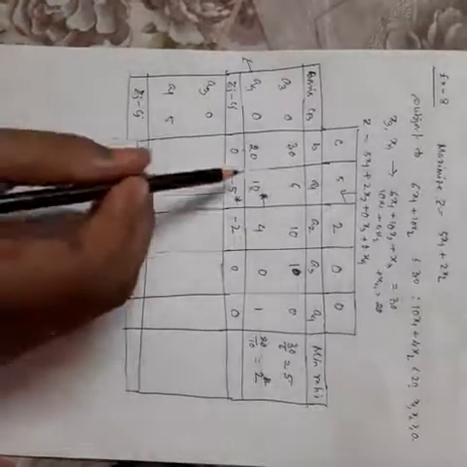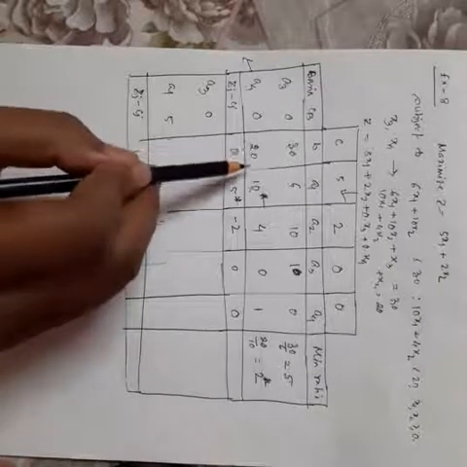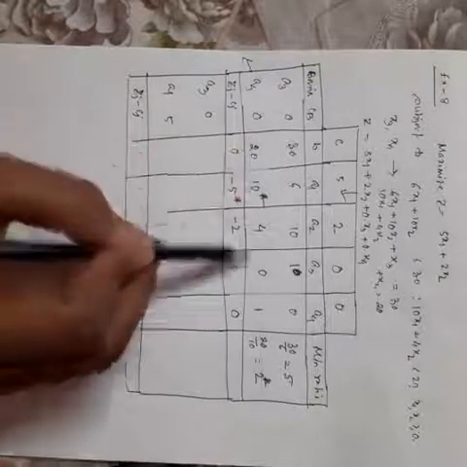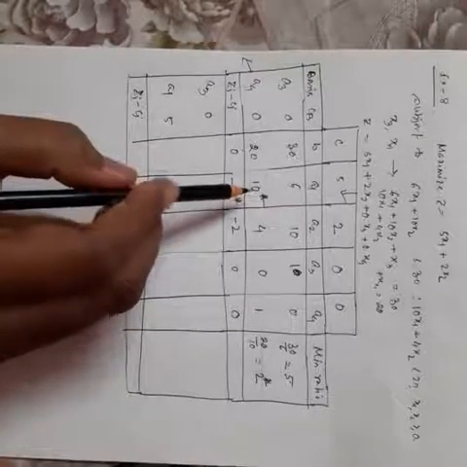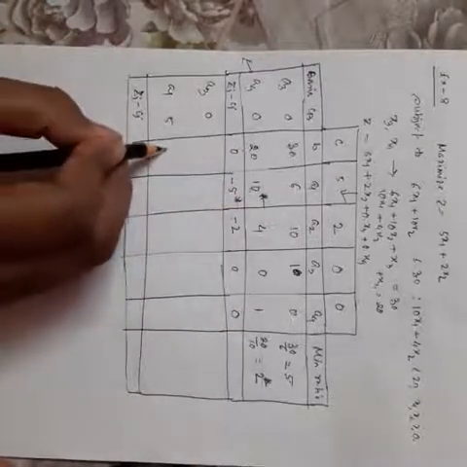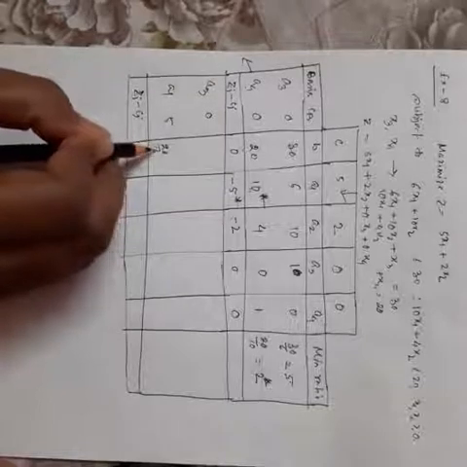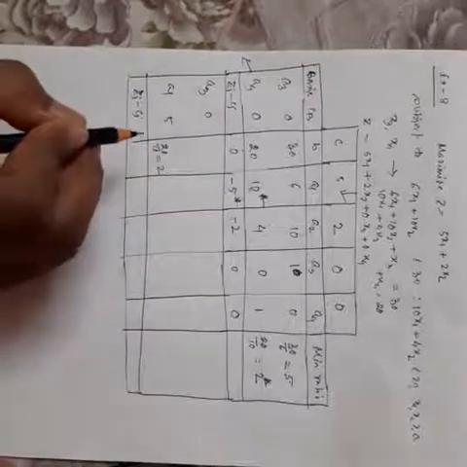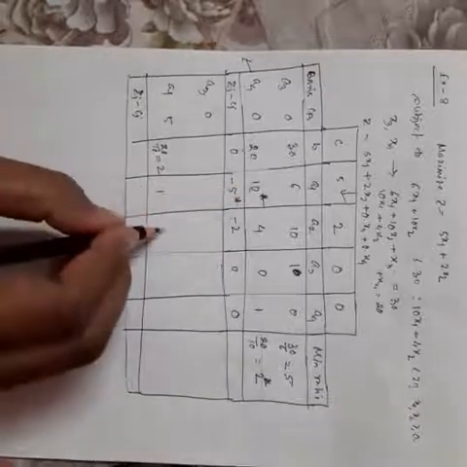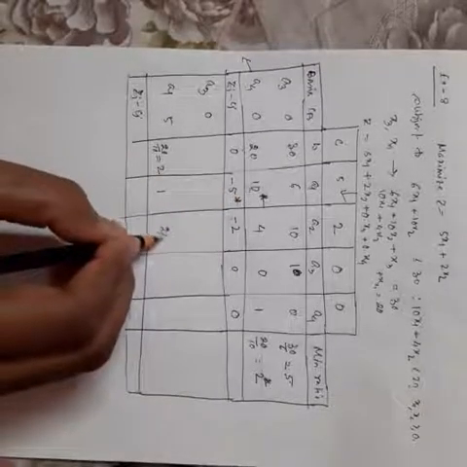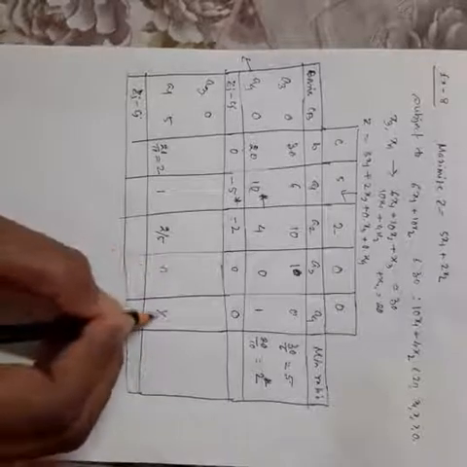Next we divide the kth row. This is called the kth row. The kth row is divided by the key element. That means 20 divided by 10 equals 2, and 10 by 10 is 1, and here 4 by 10 is 2 by 5, here 0, here 1 by 10.